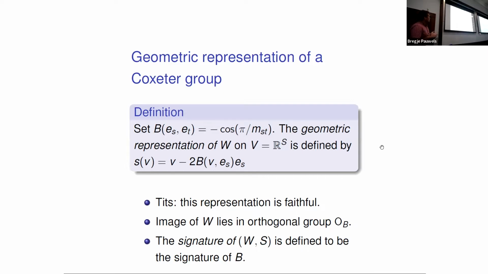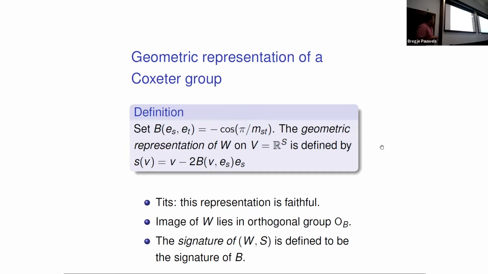And then the geometric representation of W on V is defined by you send v to v minus 2 times this bilinear form times e_s. So this is just the general version of what you teach your students in first year linear algebra class. If you reflect, you need to subtract 2 times the orthogonal components of this vector.